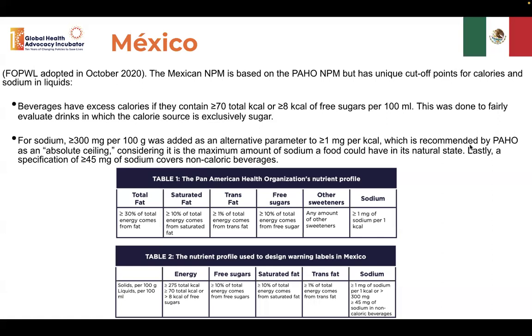This was really innovative and improved the standard for the entire world. That's why Argentina and Colombia learned from the experience of Mexico.